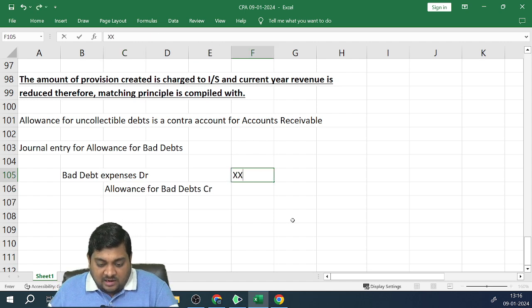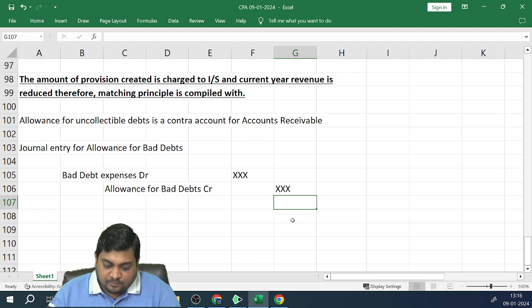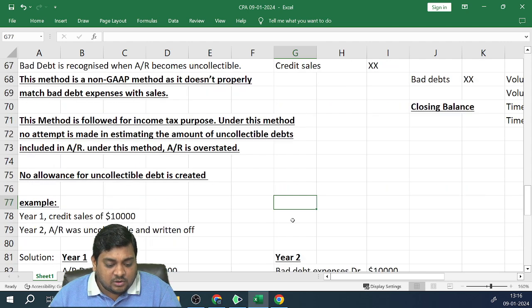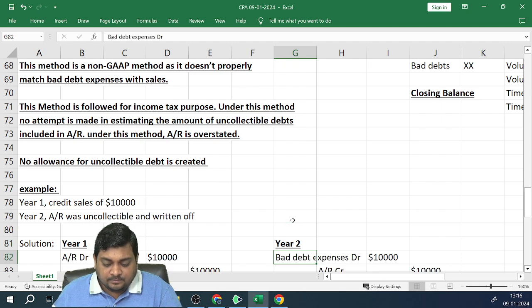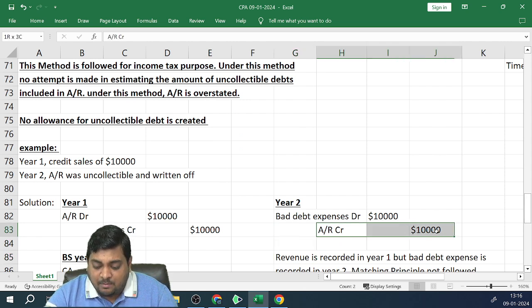Now earlier under direct method, what was the scenario? Let me just show you. Under direct method, you can easily see that straight away the accounts receivable is being reduced only when it has become bad.